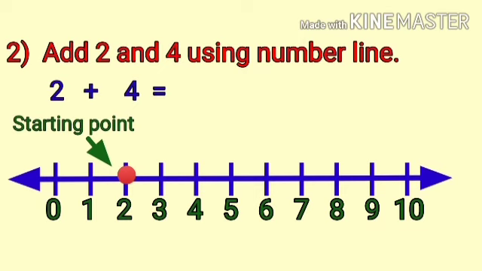And next we take forward jumps from 2. These forward jumps are represented by the second number, that is 4. So, we take 4 forward jumps starting from 2.